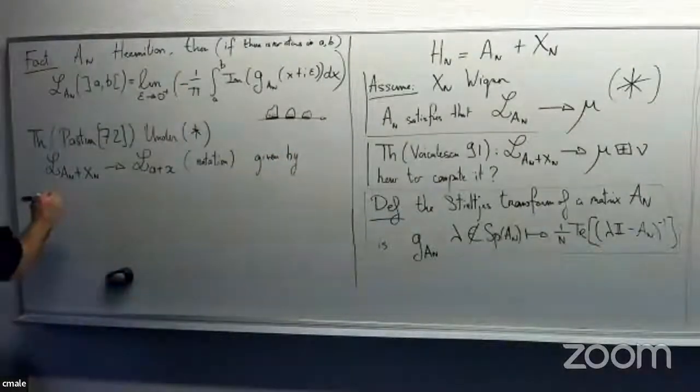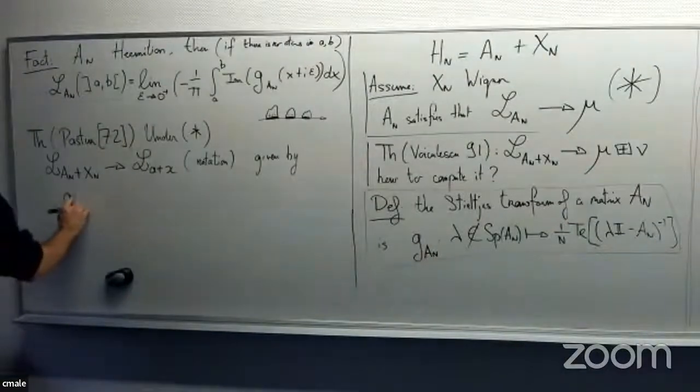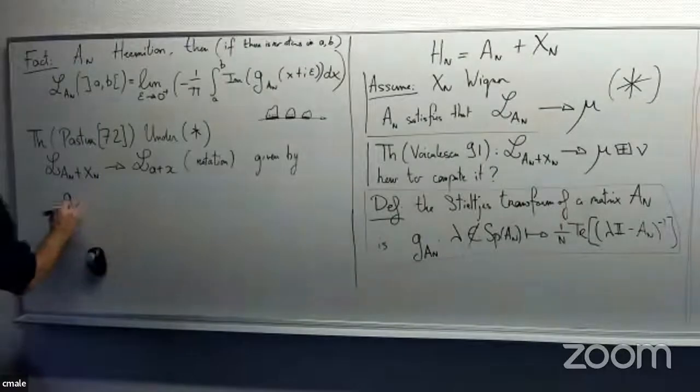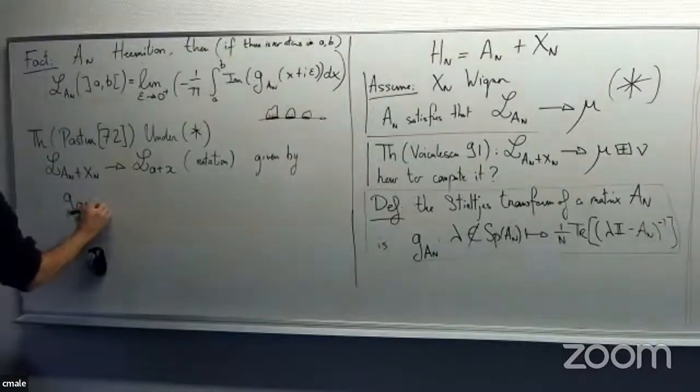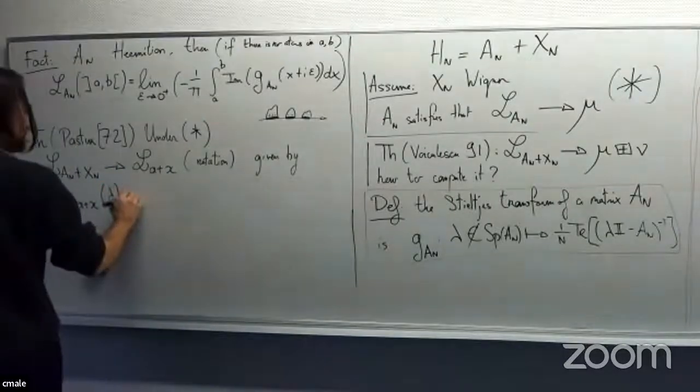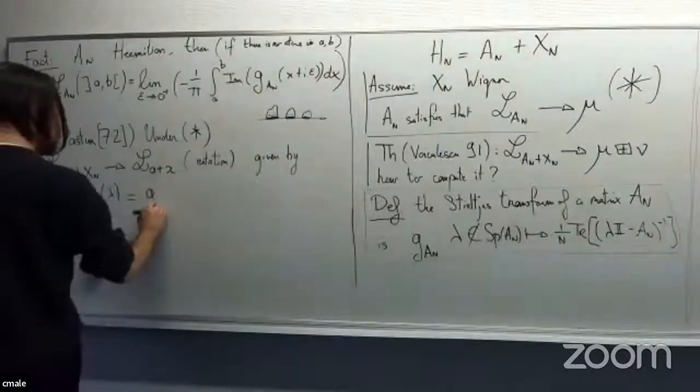If I consider the Stieltjes transform of this sum, a plus x, so this is the Stieltjes transform of this measure. It satisfies the following fixed point equation.